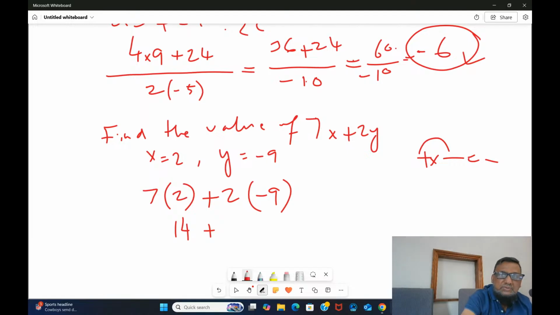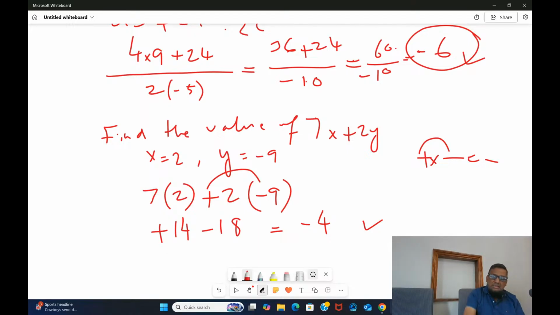So this positive times negative, the sign is going to be negative, and 2 times 9 is 18. So 18 take away 14, your final answer is minus 4. So this is the question we solved, and now we're gonna move to one more question.